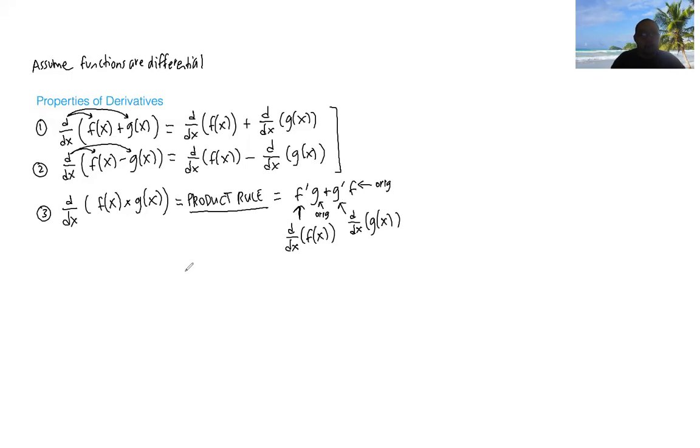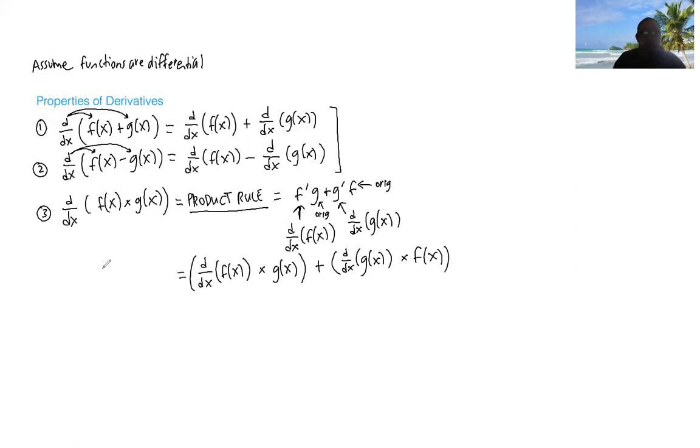And so what this is going to look like is this. F prime is d over dx, the derivative with respect to x of f of x, multiplied by just regular g of x. We're going to add this to g prime, which is the derivative with respect to x of g of x, multiplied by your original f of x.